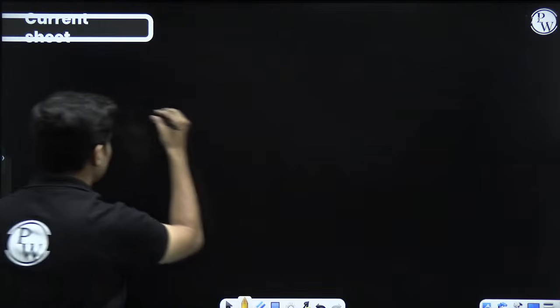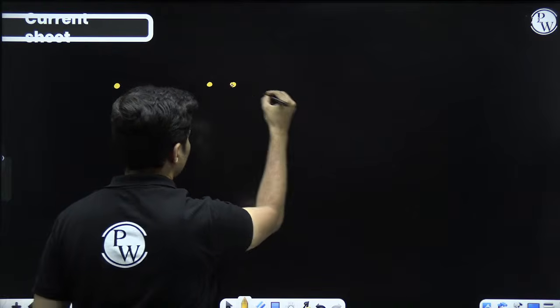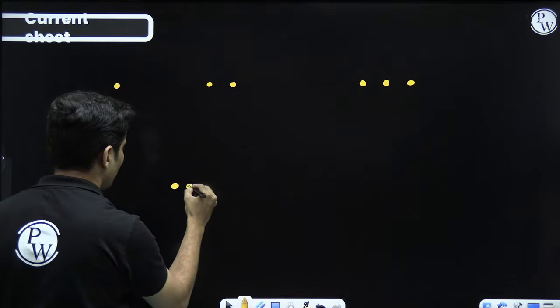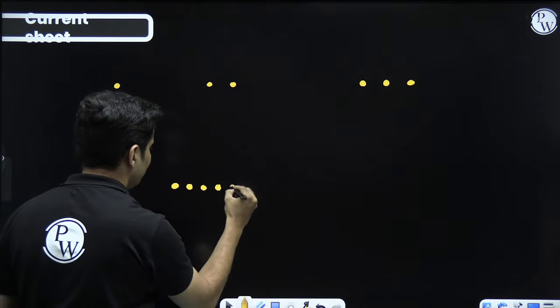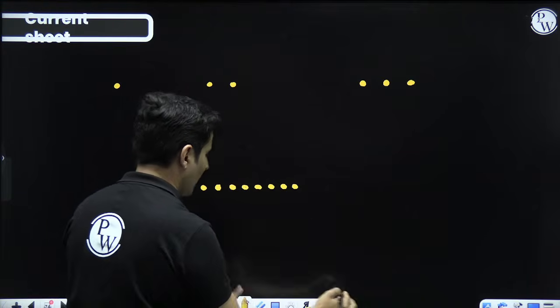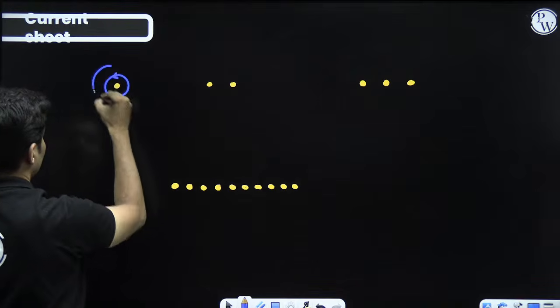Alright. So, here, whenever you have a current sheet, think of it like this. If you look at it from the top view, you just have a single wire versus 2 wires versus, let's say, 3 wires versus, let's say, multiple wires. When you have one single wire, the magnetic field lines are like this.